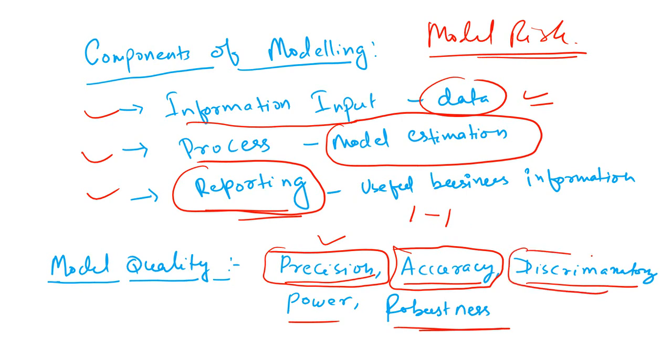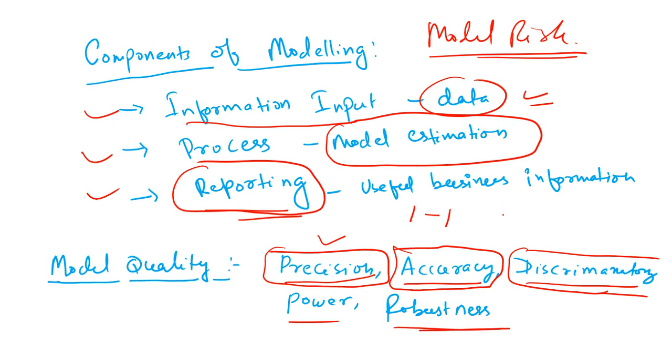So that's accuracy. It's like one is classified as one and not something else. Discriminatory power has to do with classification, wherein we're trying to find the probability of a particular observation falling into some category. So the model is able to discriminate between two or multiple types.